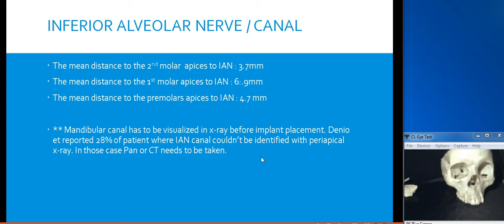If you cannot identify it, then you have to get a better radiographic picture to be able to see where the nerve is, so you know for sure what length you cannot violate. So if you have to take a CT scan, please do, but make sure that you are seeing the inferior alveolar nerve when you're treating that implant case.